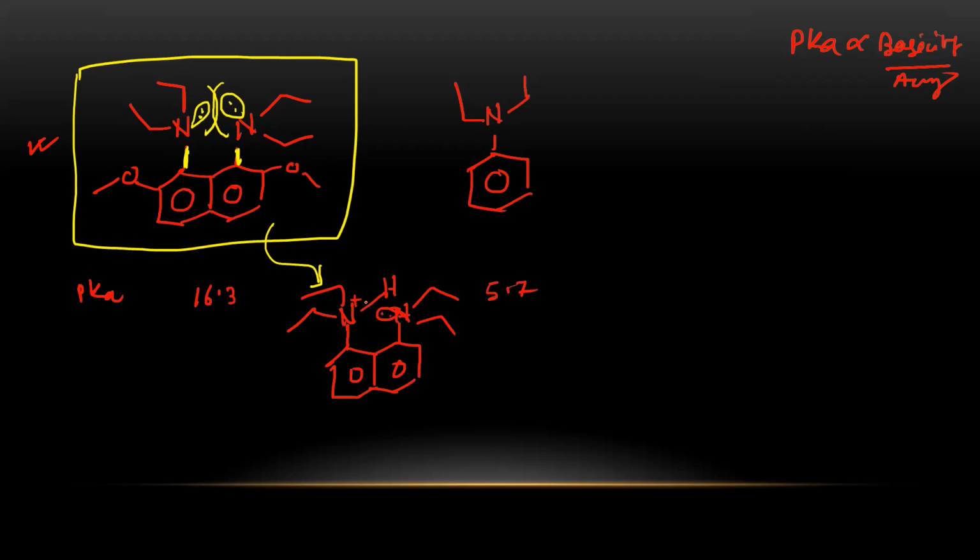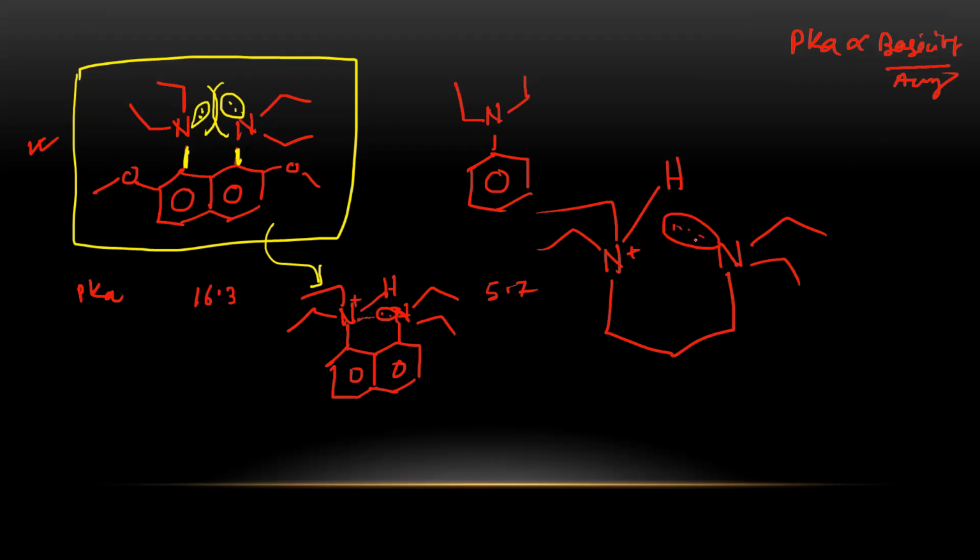The nitrogen which abstracted the proton is now positively charged. Then there will be a certain kind of stabilization between the lone pair of the other nitrogen and the positive charge. If I zoom in: N, ethyl, ethyl, hydrogen, ethyl, ethyl, positively charged, and now this is the lone pair. Hydrogen is also delta positive, so it can connect this way or it can connect that way. So this kind of stabilization it gets when it undergoes protonation.